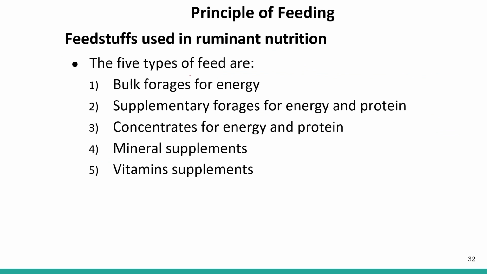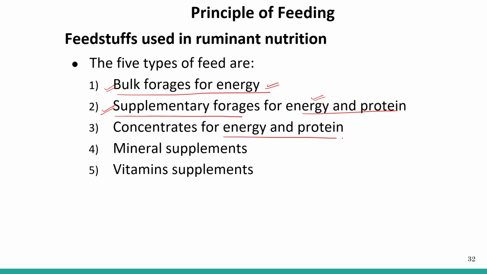So what are those 5 types of feeds? Bulky forage for energy. They must be fed with the bulky forage so that they could get an enormous amount of energy. Supplementary forage for energy and protein. So they require energy and protein, and for that the forage is supplementary type.